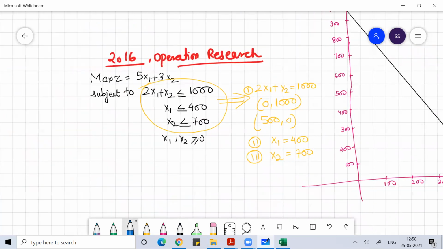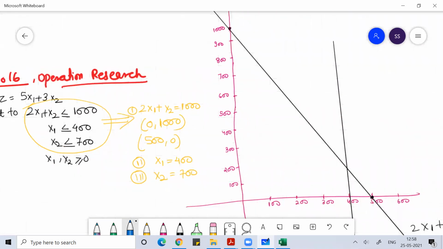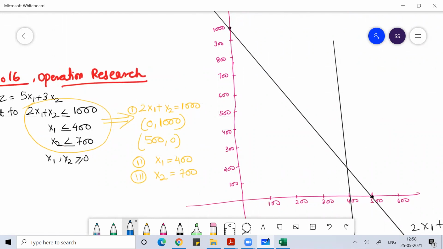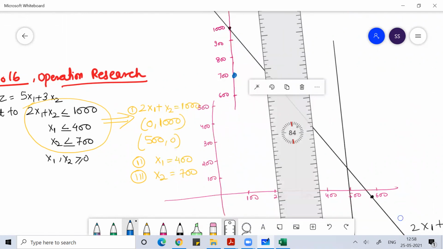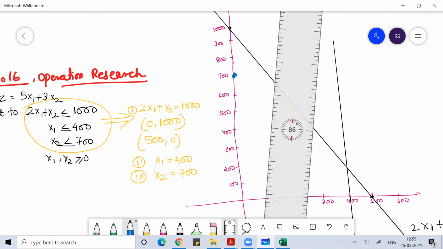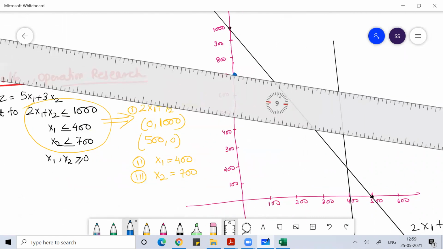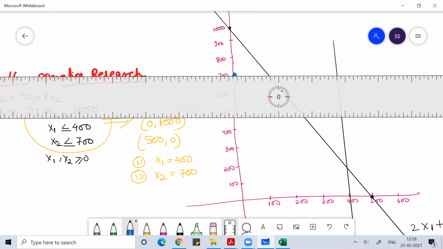Then the third one is x2 less than or equal to 700.